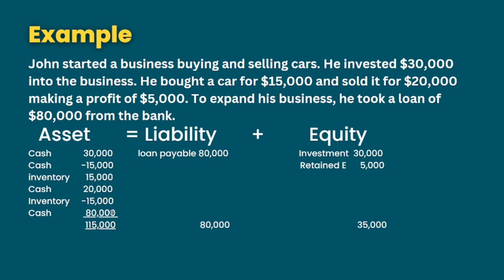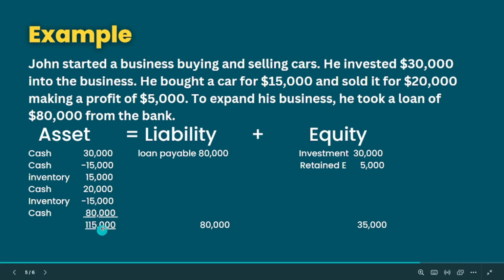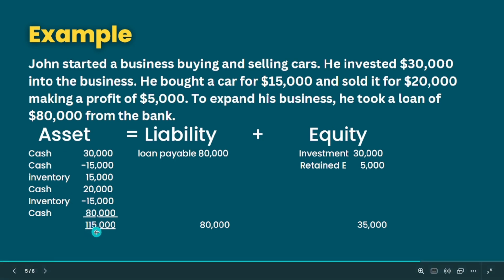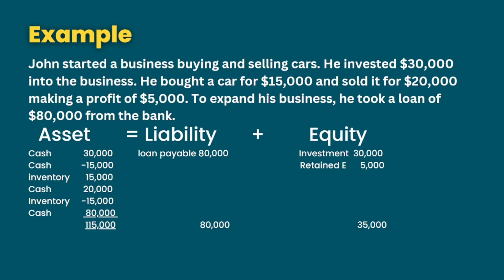So we can see that the total at the asset side is 115,000. And on the credit side, 80 plus 35,000 is equal to 115,000. So this is all about the accounting equation.